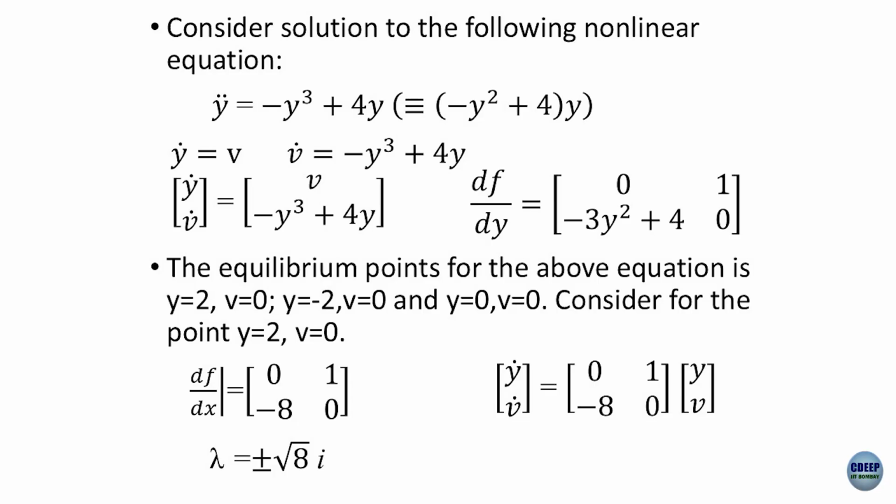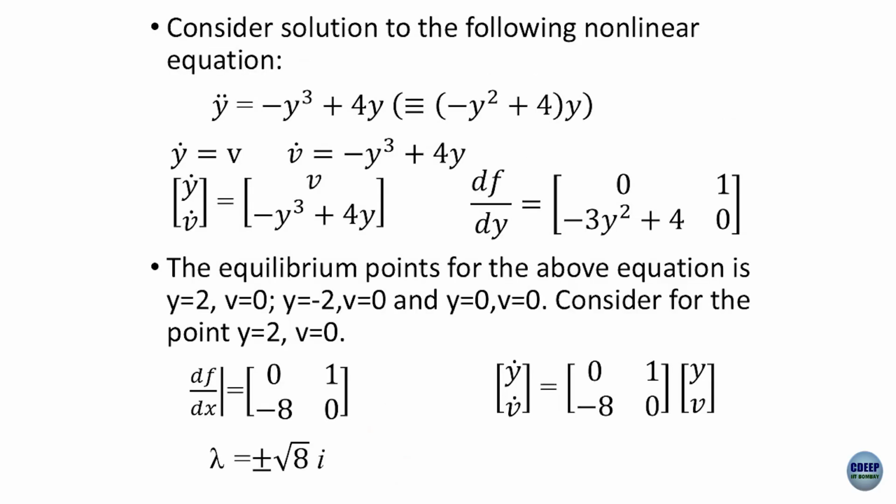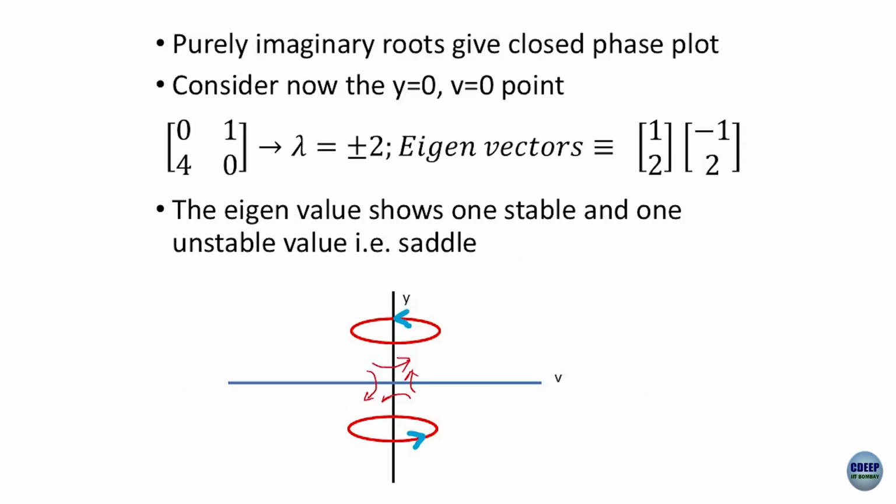So this guy has got two roots, and if you look at the eigenvalues, they are plus and minus 2, and the eigenvectors are going to be equal to that. Okay, so we had two imaginary eigenvalues, plus minus root 8i, which means that there are going to be two so-called center points, and those two points are what you see as those little circles there.